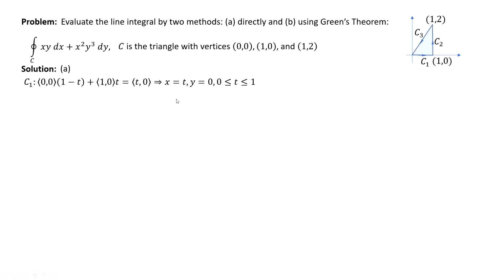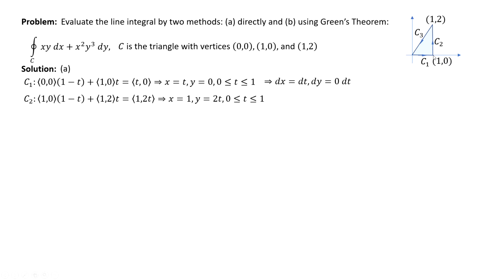So let's go ahead and do that. X is equal to t, so dx equals, simple, dt. Y equals 0, so dy equals 0, or if you want to call it 0 dt. That's exactly what I did. Basically, that is 0.